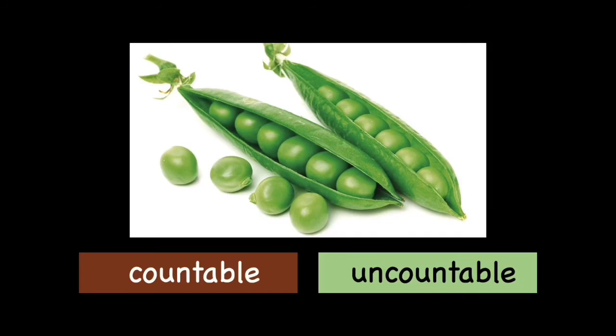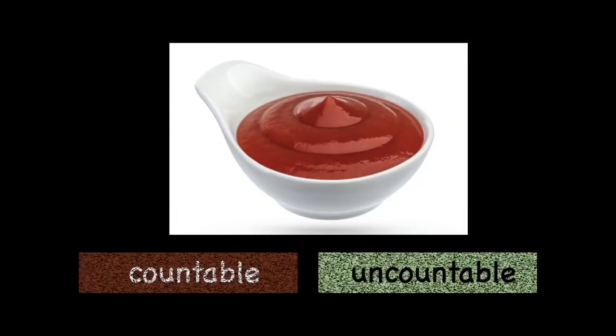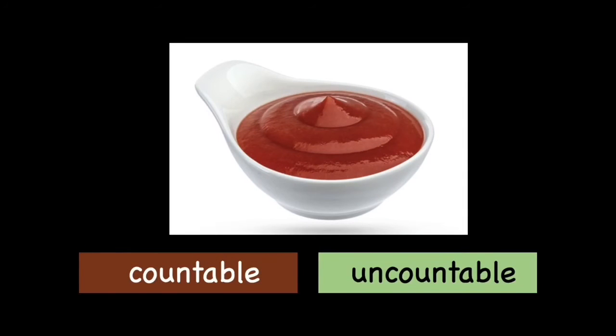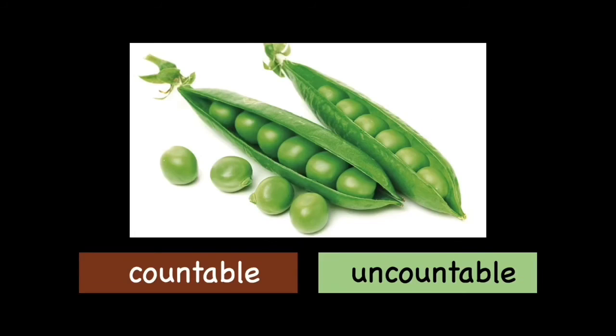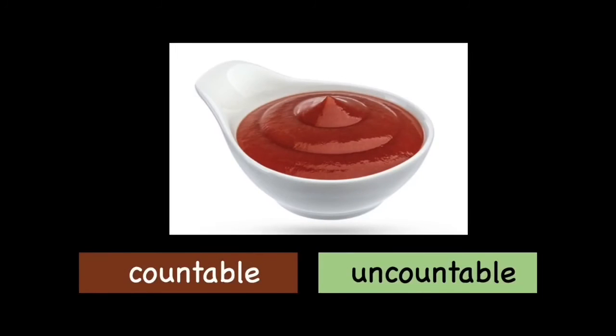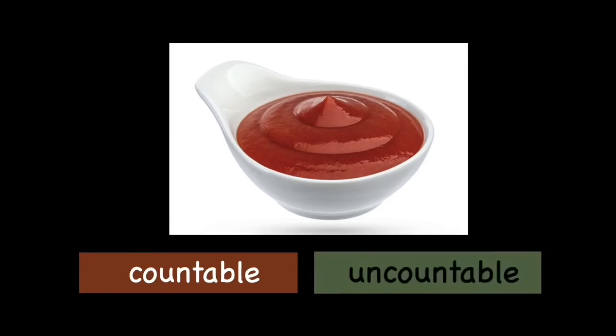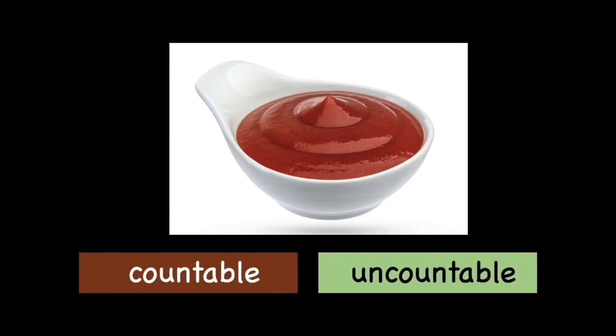It is called countable. Let's move on to the next example. The ketchup or the tomato sauce. Can you count the tomato sauce? We cannot count something that is liquid like the water. It is uncountable. Good try.